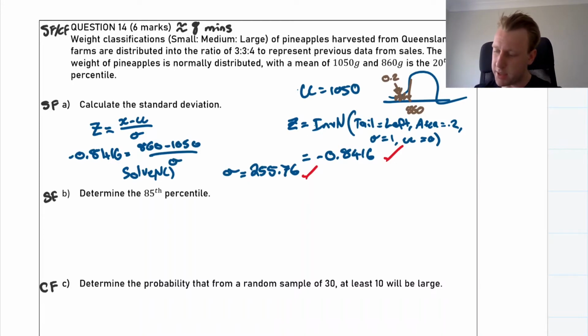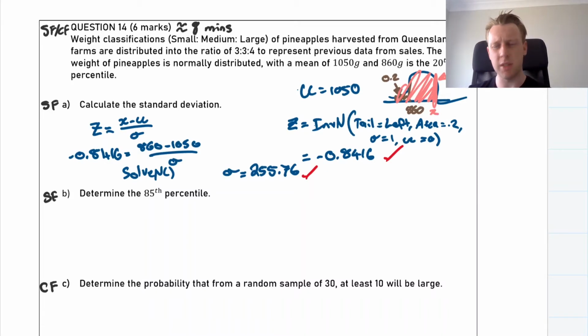Determine the 85th percentile. This is just inverse normal. Let me do this in a different color. The 85th percentile is like this area here is 0.85. What is the x score up to that particular point? So we can say x is equal to inverse normal.